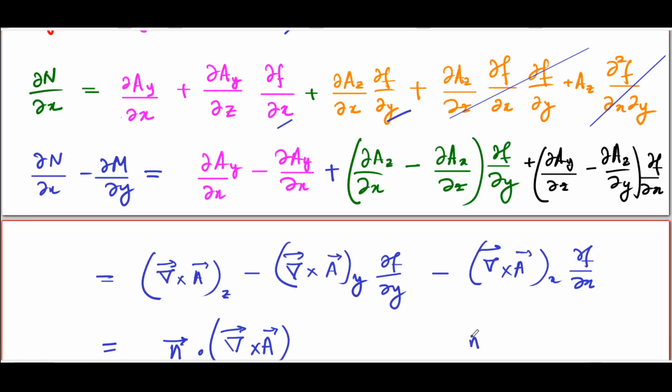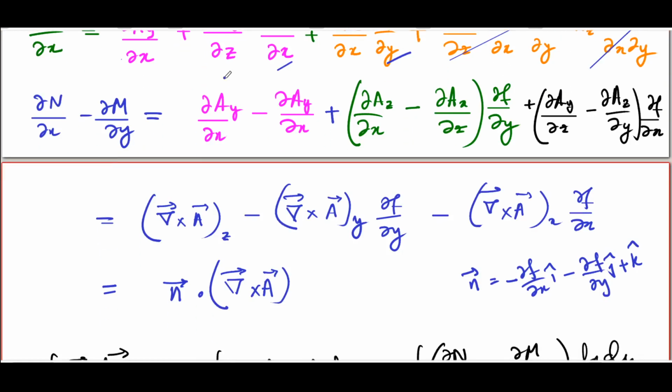Remember, my n vector that we had worked out before was actually minus del f del x i hat minus del f del y j hat plus k hat. This was the vector which is in the direction of the normal to the surface sigma.